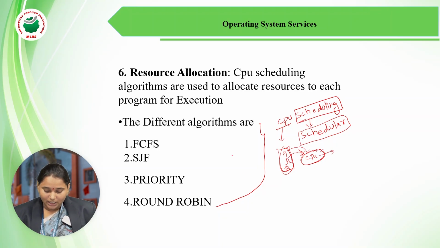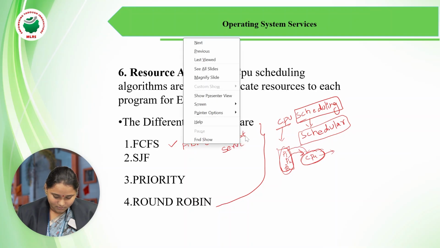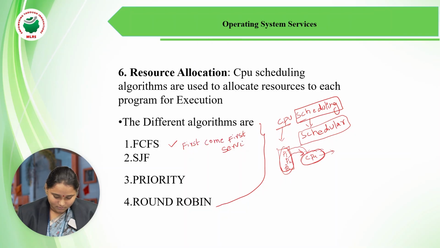Here the execution can be done in four types. The first one is the FCFS, which is nothing but first come first serve. Next, SJF, shortest job first.